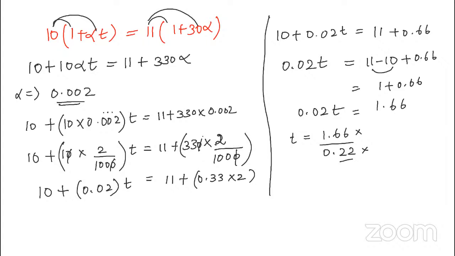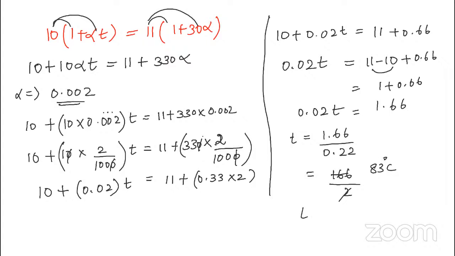Okay, so we can take the decimal points out. So simply we are writing 166 divided by 2. Then it is 83 degree Celsius.